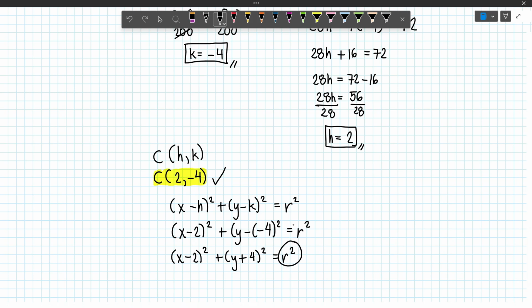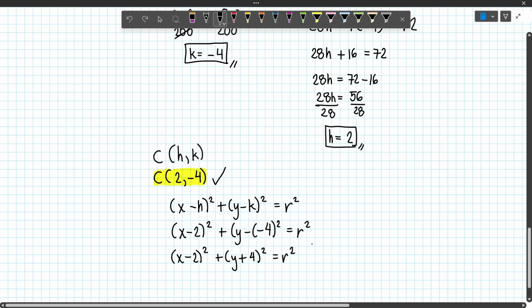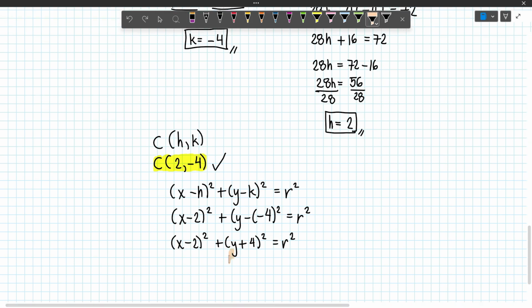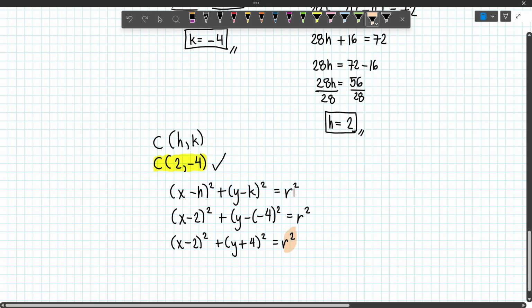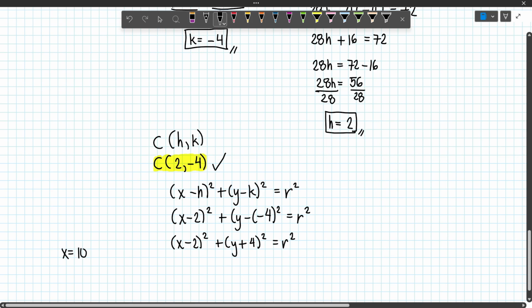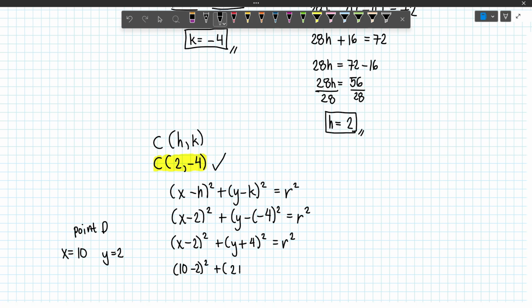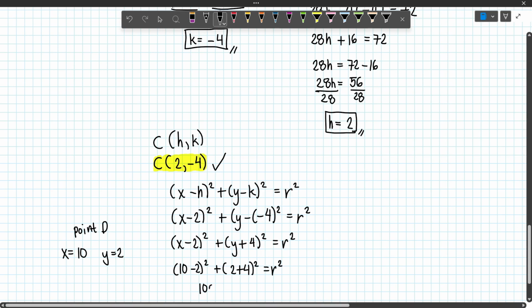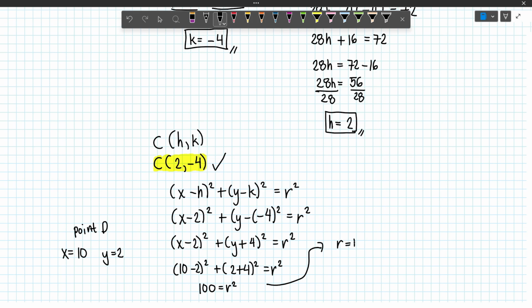To solve for r, we need to follow the same steps that we did earlier. So if you will substitute values for x and y, you can solve for r squared. So let's try that. We can input x equals 10 and y equals 2 for our point D. 10 minus 2 squared plus 2 plus 4 squared equals r squared. 100 equals r squared. And so our radius will be 10, which is the same as earlier.